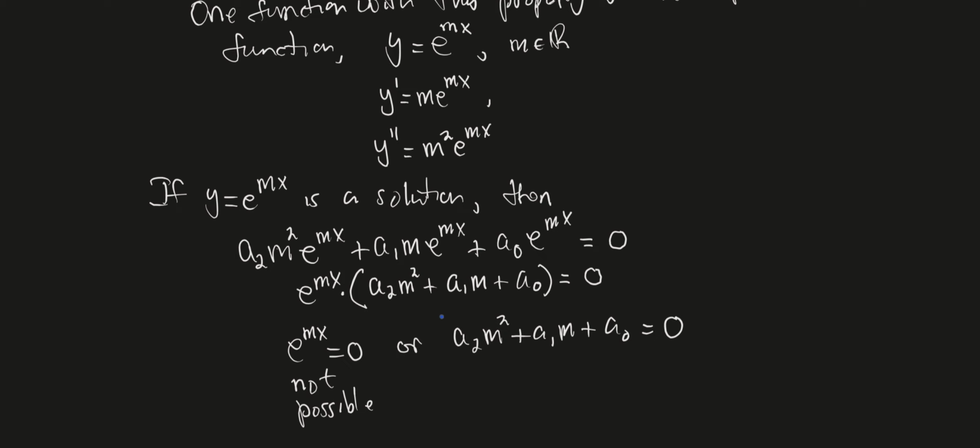And this quadratic equation is called the auxiliary or characteristic equation of the differential equation.